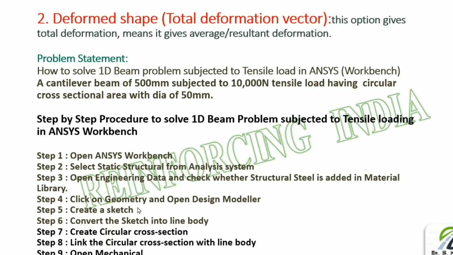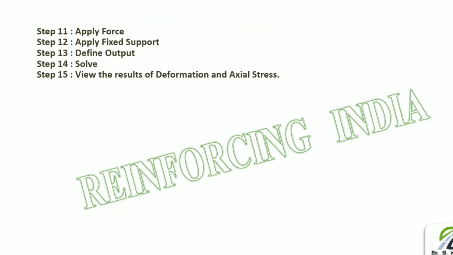Click on geometry and open Design Modeler, create a sketch, then convert that sketch into a line body, create a circular cross section, link that cross section with the line body, then open Mechanical, generate meshing, then apply load, constraint, define output, then solve the problem, and lastly find the result of deformation and axial stress.